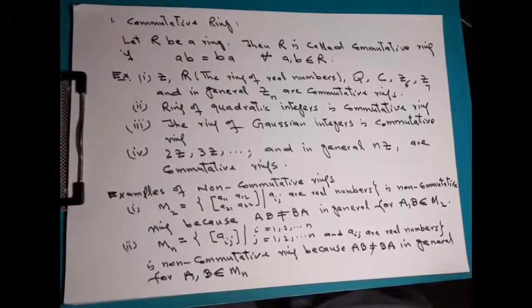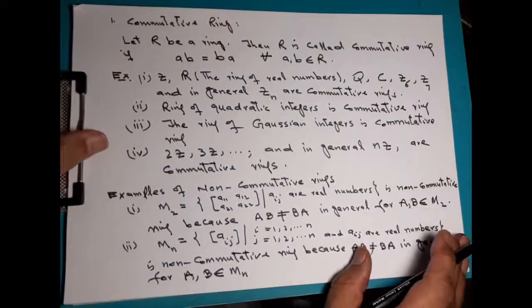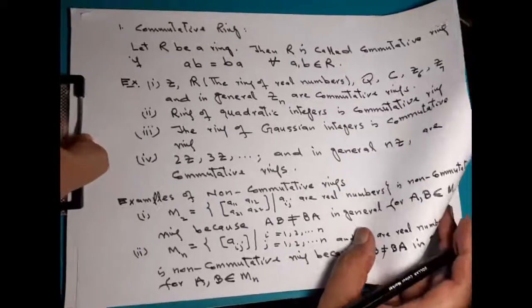So the ring of square matrices of order n by n is a non-commutative ring as well. This is our second example of a non-commutative ring.